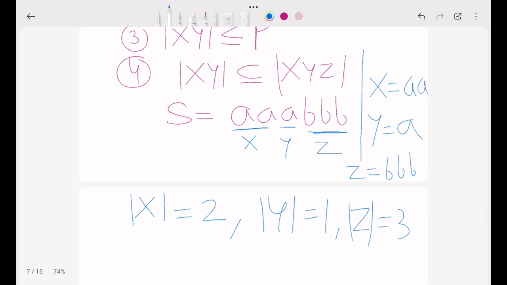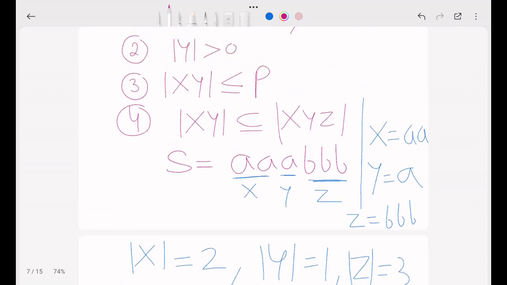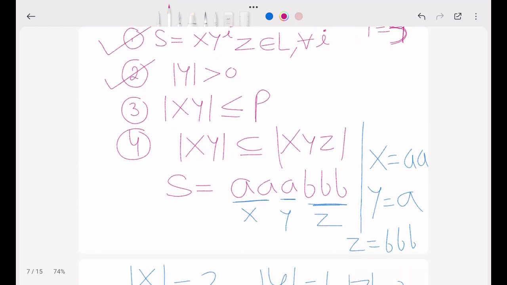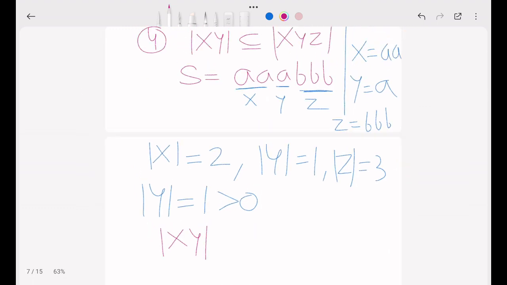Now you can see my y length is equal to 1, which is greater than 0. It means the first condition passes, since I am able to divide the string in 3 parts. Now the xy length: x is equal to a and y is equal to a.